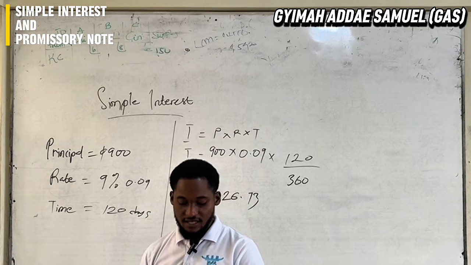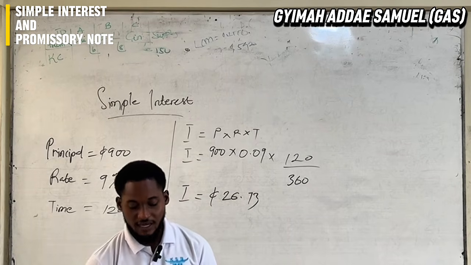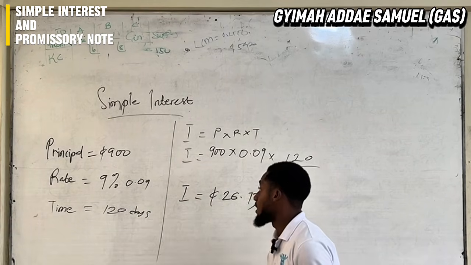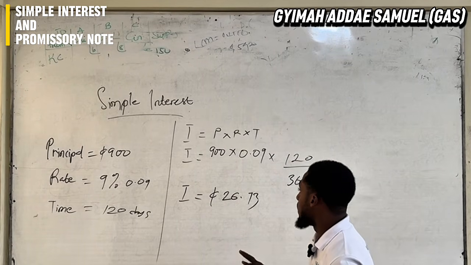So the exact interest is therefore better than the ordinary method. So we are done with computing simple interest by the exact method and the ordinary method.